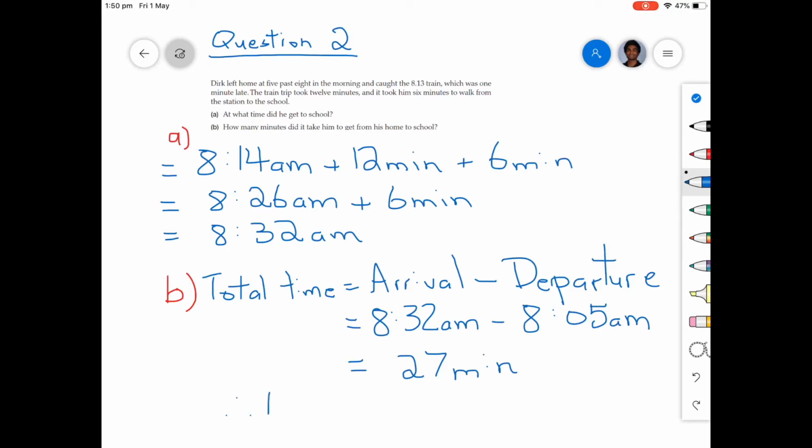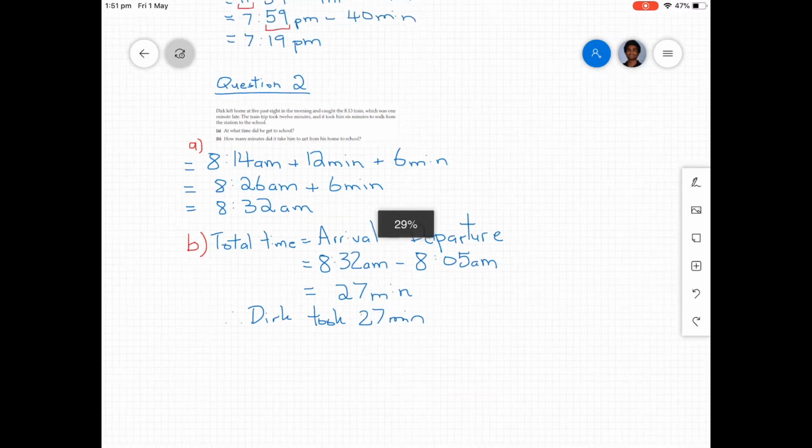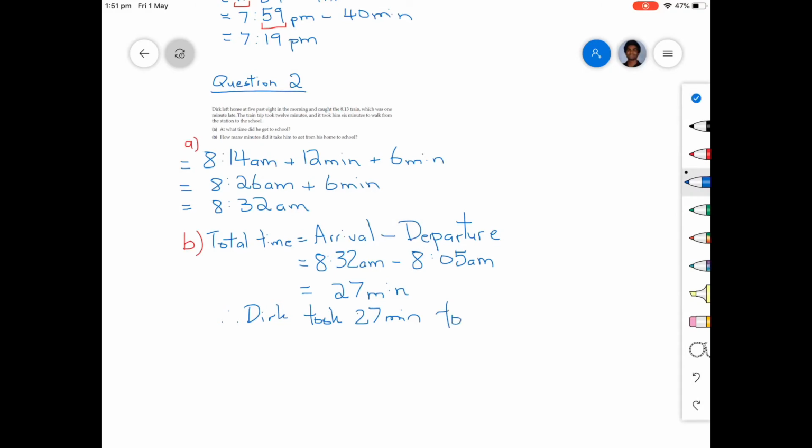So therefore, Dirk took 27 minutes, I'm just going to zoom out a bit, to get to school. And really we should have had a therefore for question A as well. Dirk arrived at 8:32.